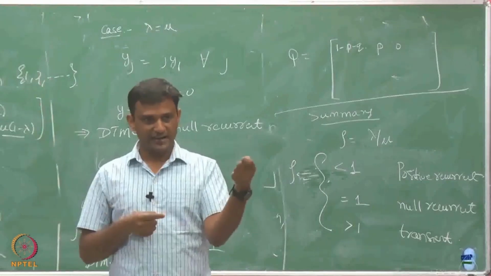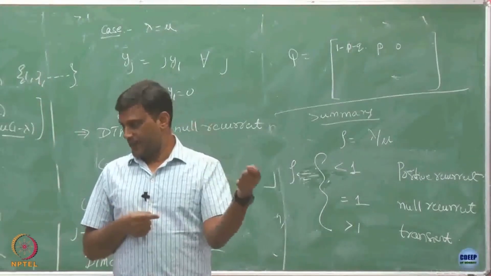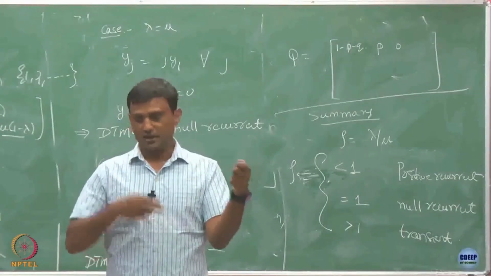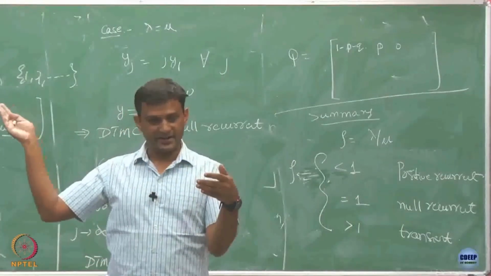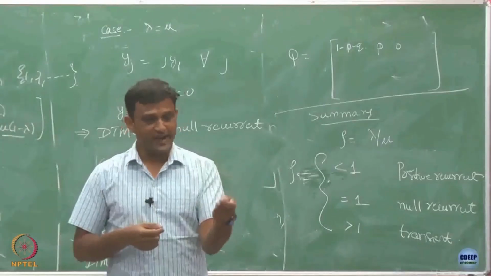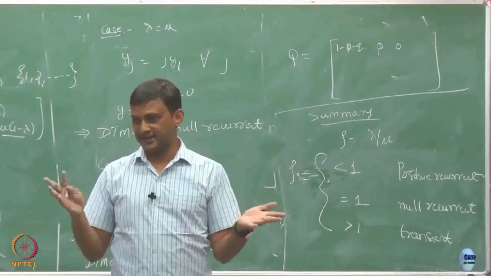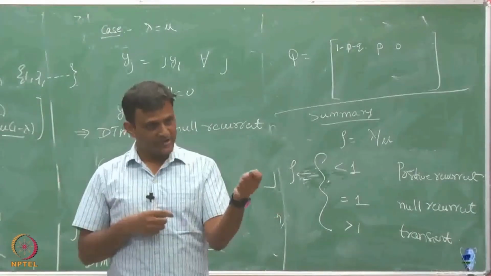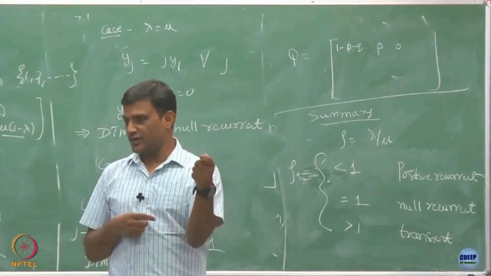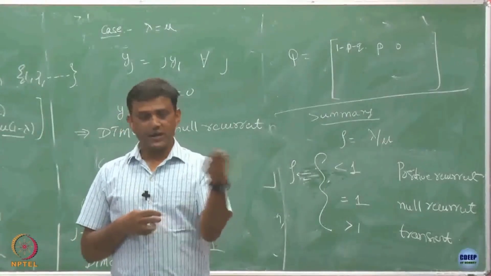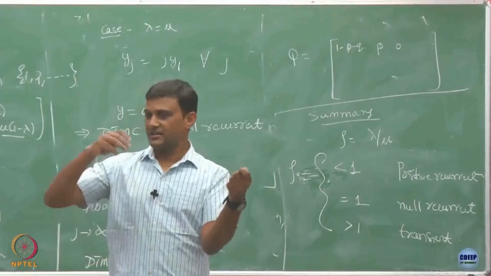You start from any finite state, there is a positive probability that you will go out of that finite state, right? And this is true for any finite state, because the whole DTMC is transient. So there is a positive probability that you don't return to that state, which means you are basically exploding.